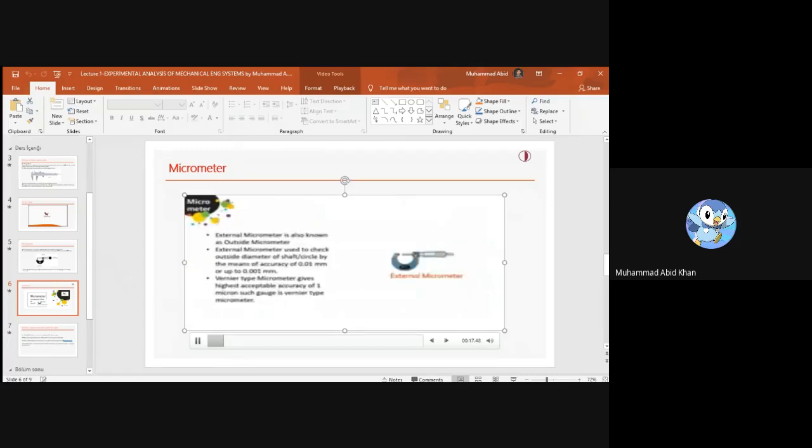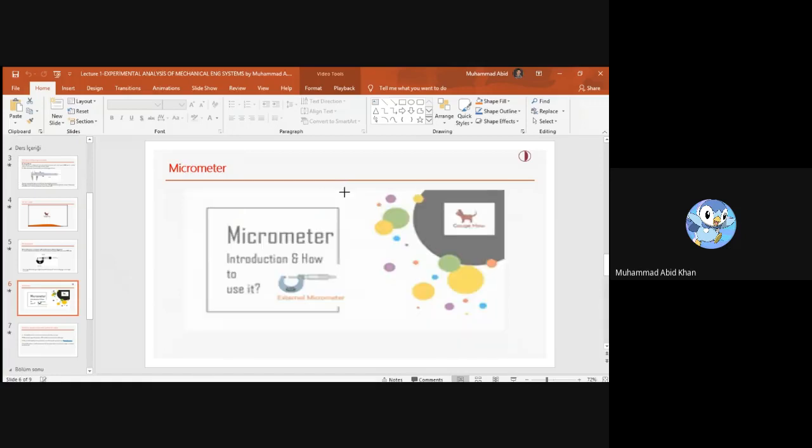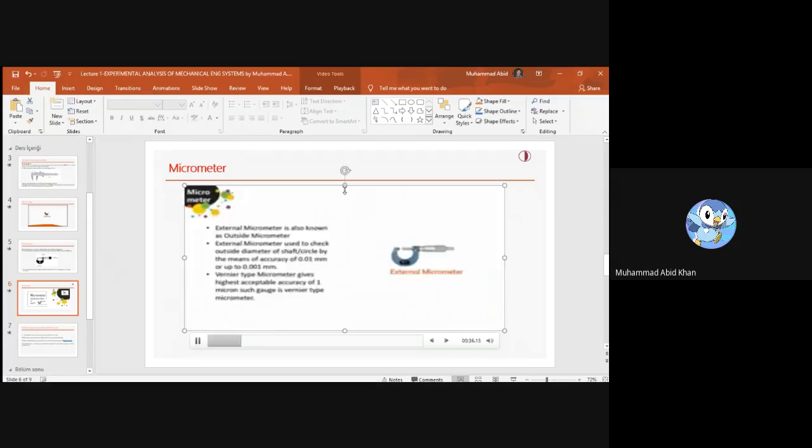External micrometer is also known as outside micrometer, and it is used to check the outside diameter of a circle with an accuracy of 0.01 mm or up to 0.001 mm. Vernier type micrometer gives the highest acceptable accuracy of 1 micron.